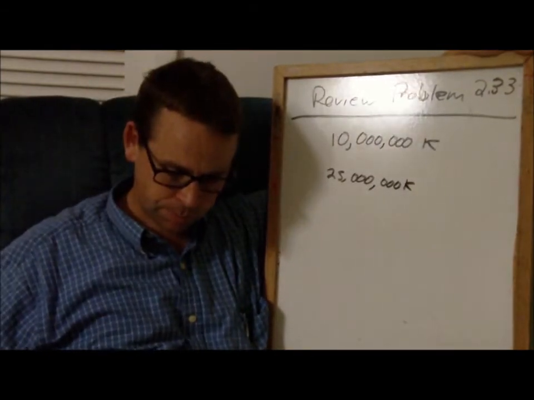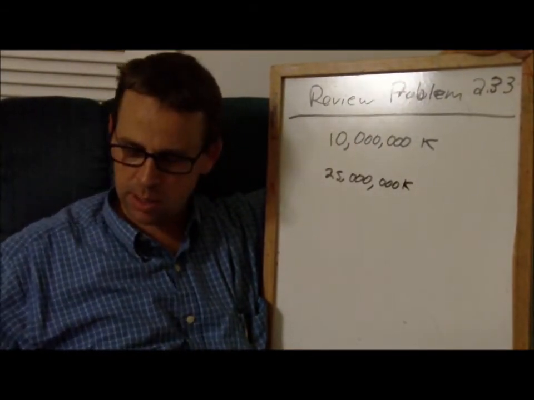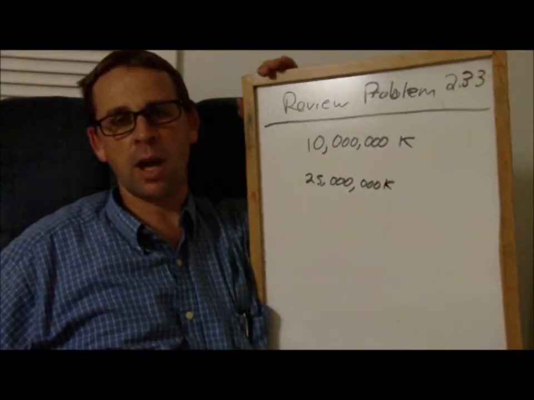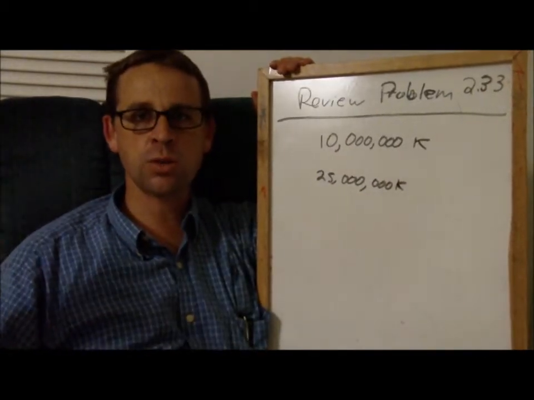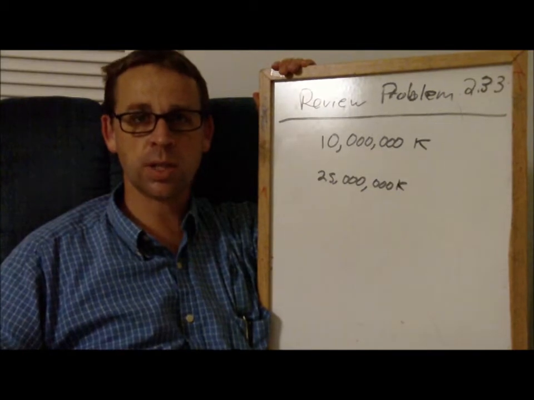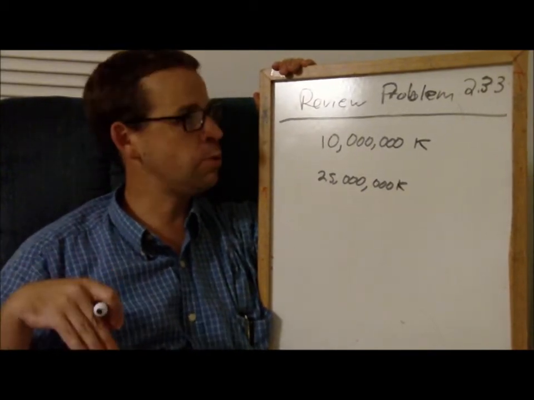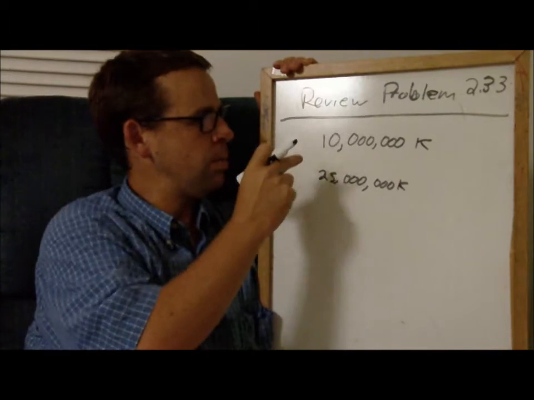So, to convert this to degrees Celsius, if we have degrees Celsius, we add 273 to get Kelvin. If we have Kelvin, we subtract 273. So we can take 10 million minus 273, which is 9,999,727.